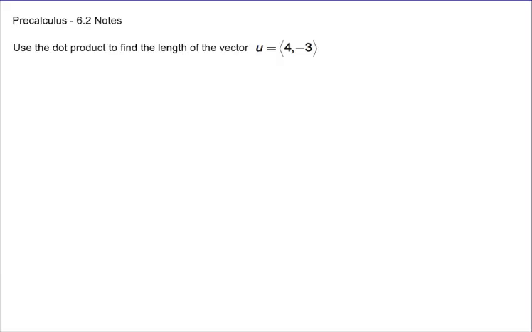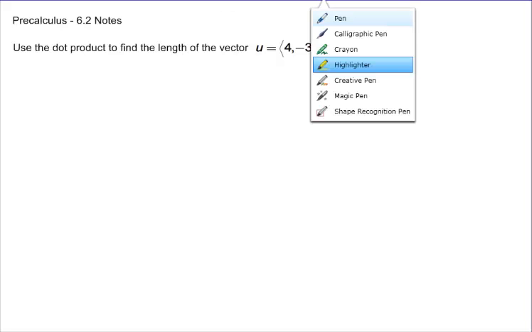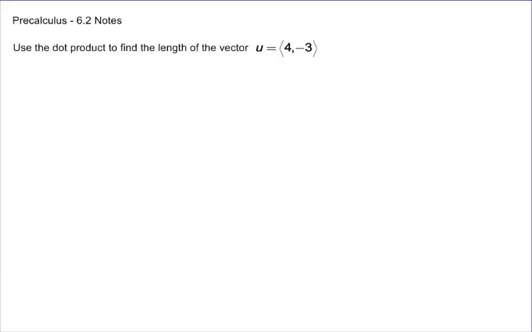Okay, on this one, we're just going to use the dot product to find the length of a vector. Well, remember that the length of a vector, the magnitude of u, is the square root of the stop minus the start squared.